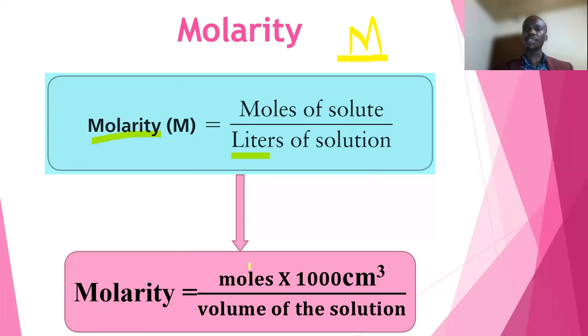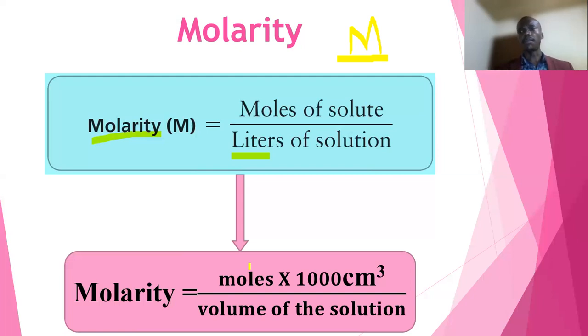So when a question is given, you select the formula using the statement or what you've been given. If you've been given the mass in grams of a substance, maybe sodium hydroxide, you can use the first formula, which is the mass over the molar mass.